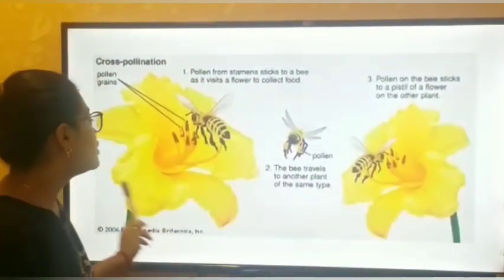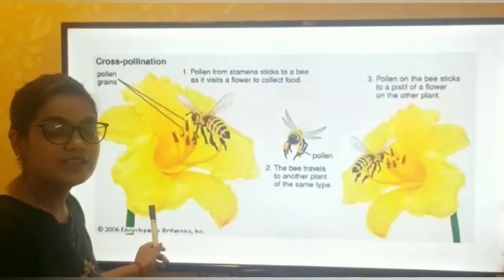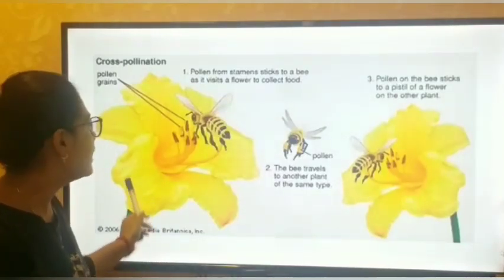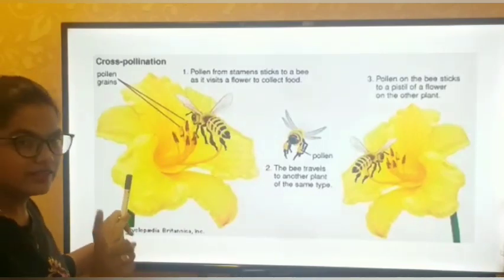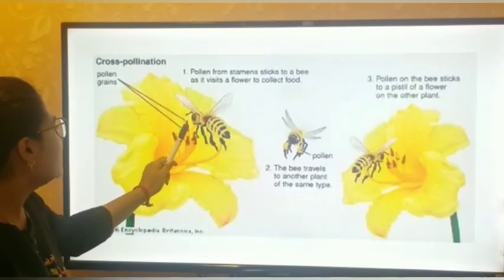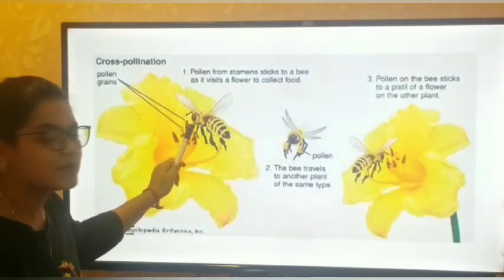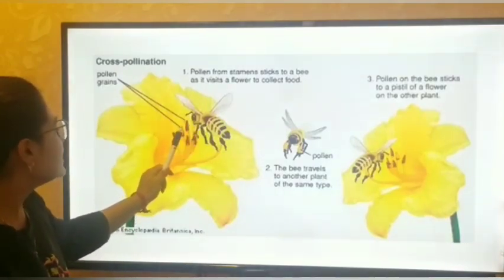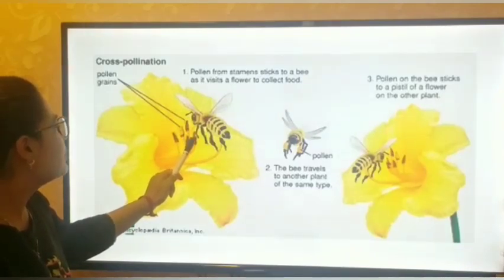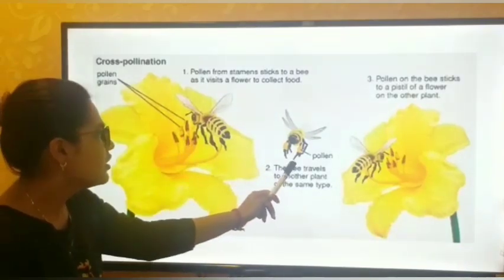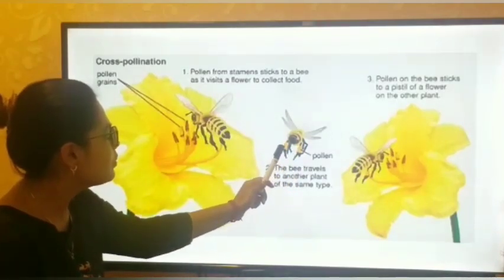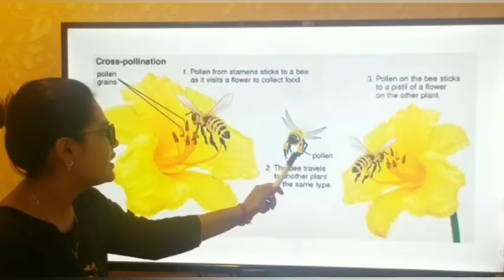So here is a figure. This is an example of pollination by insect. Here is one flower. Here is the anther, and above the anther there are pollen grains present. What is the insect doing? The insect is coming here, sitting, then carrying some pollen grains. Here the insect is flying in the air, and you can see some pollen grains are present.